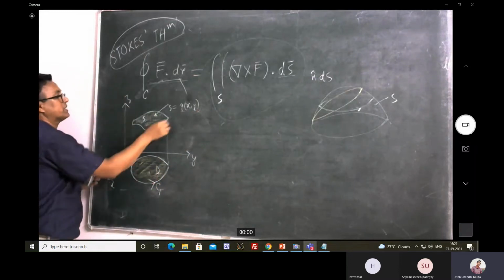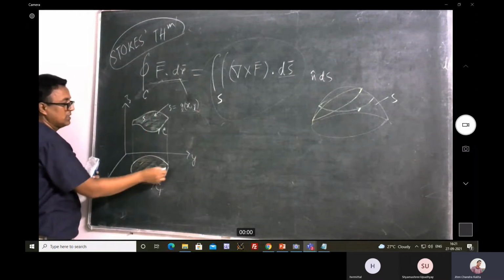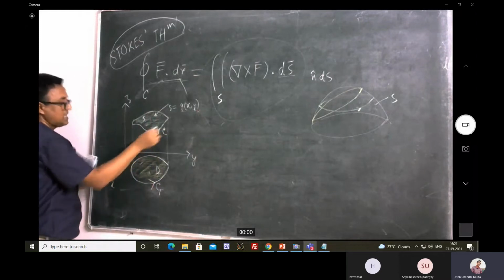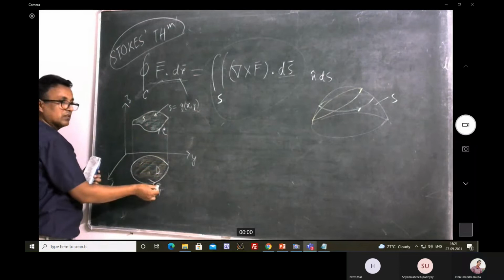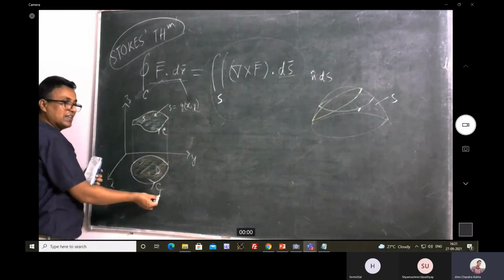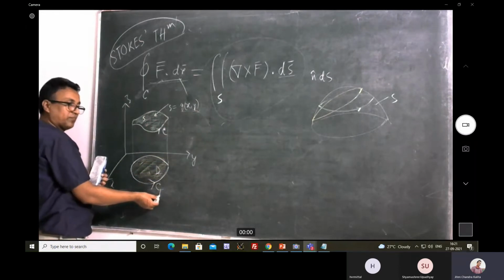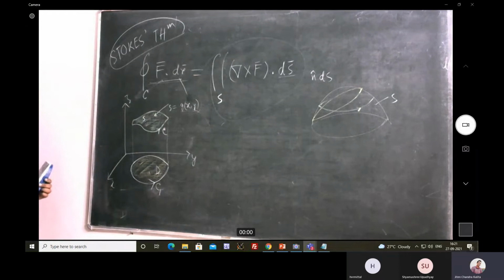And then if you take the projection of this curve, this C corresponds to C1 on the xy plane. Is it okay? Fine.